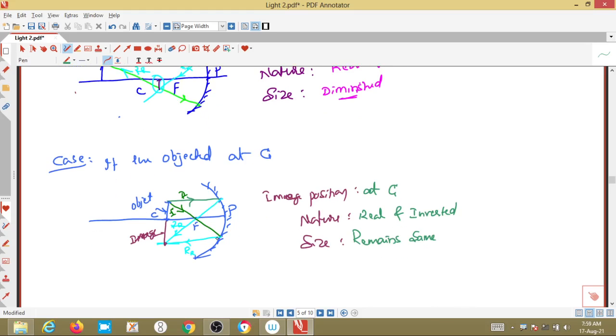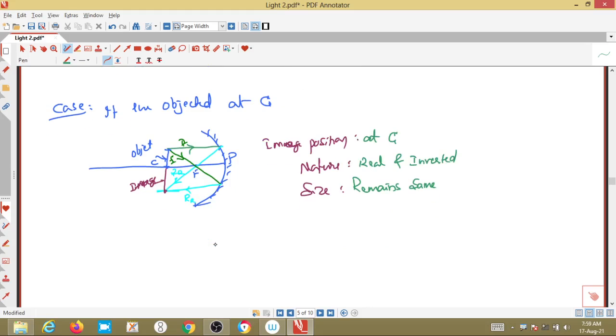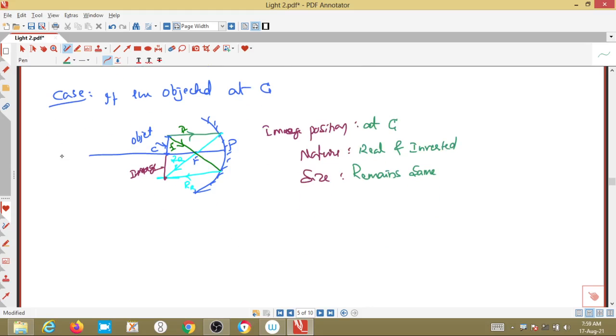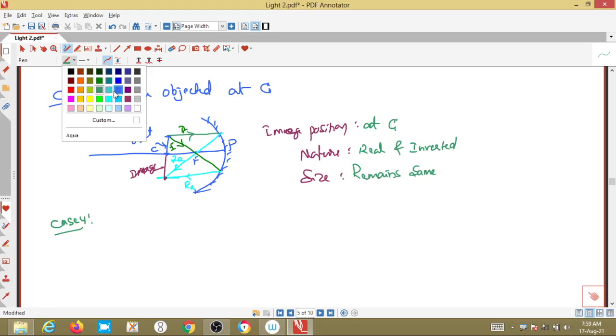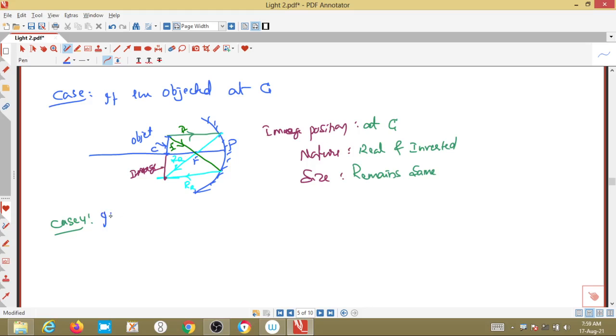In the next case, even if I haven't drawn the ray diagram so far, you can say what the image size is. Can anyone say what the image size is when it is moving towards the mirror from point C? You can just comment if you know that.